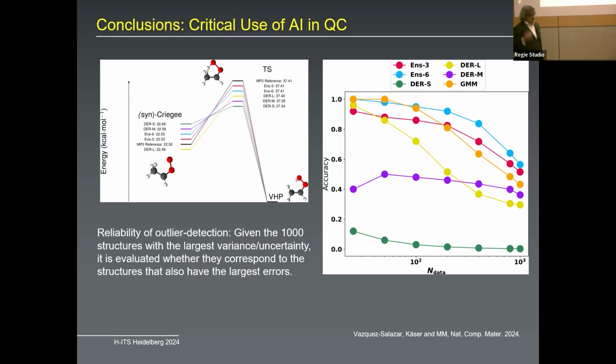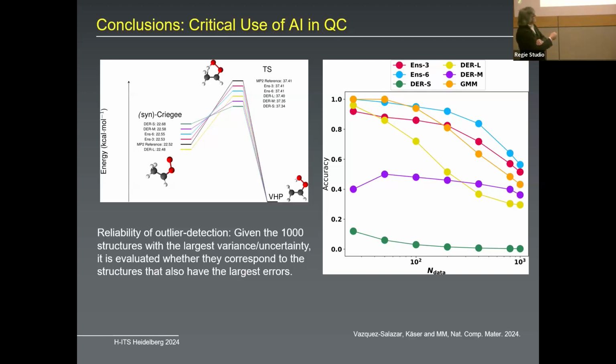And last note on a paper that was just published by Luis last week. I think one of the important aspects in the future is to critically look at these machine learning models for uncertainty quantification. This paper discusses uncertainty quantification models, such as deep evidential regression, different flavors, so-called ensemble methods, where you train multiple independent networks, and Gaussian mixture models.